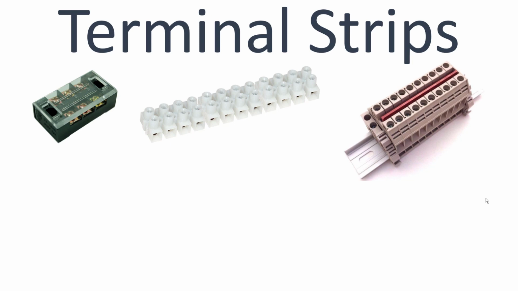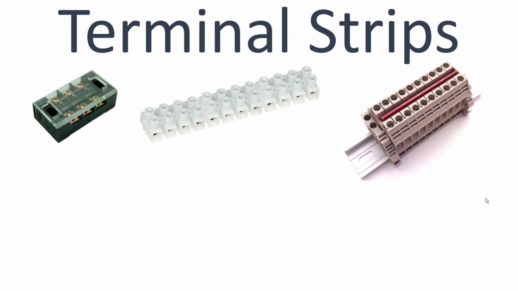The first one, the black terminal strip, those come in all different numbers of landings from 2 up to at least 12, maybe more. They're very inexpensive, and it's good to have a handful of those laying around.